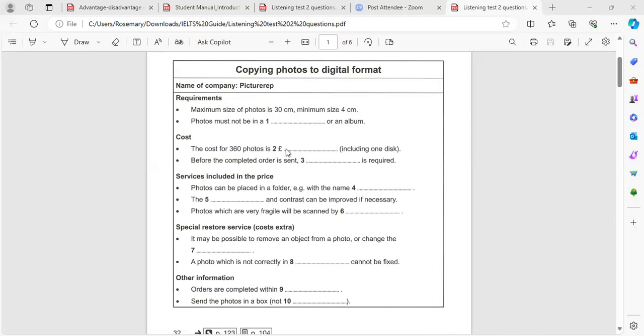For example, A, B, C, D are more recognizable, but H is somewhat slightly misspelled in that case. So these kinds of pronunciations should be listened to attentively.